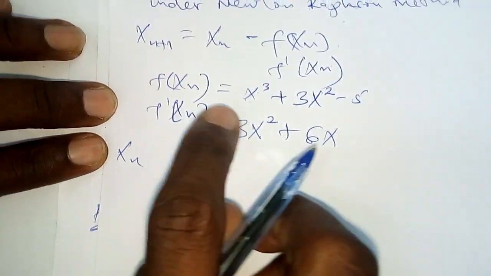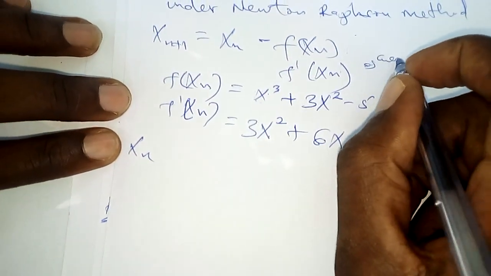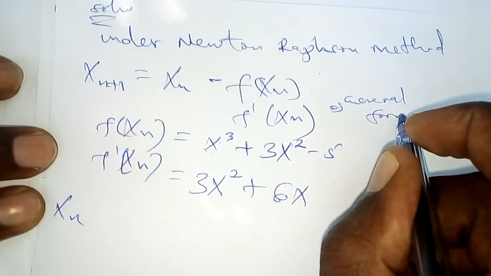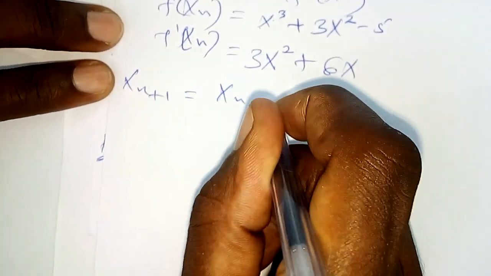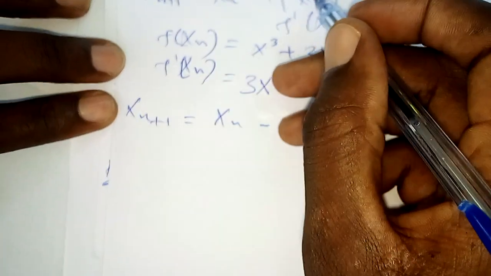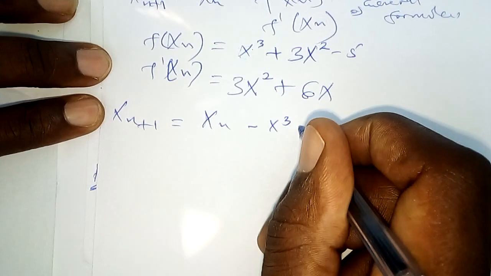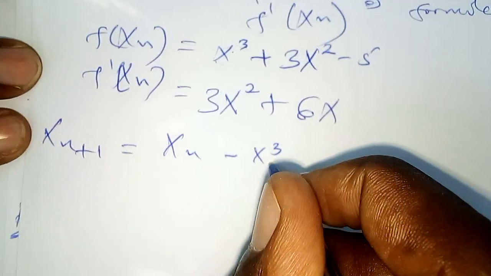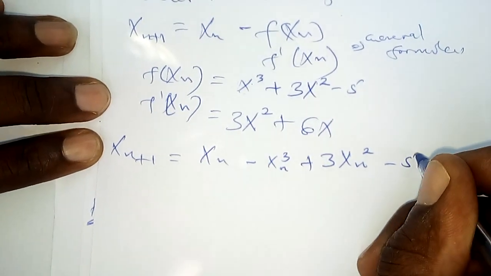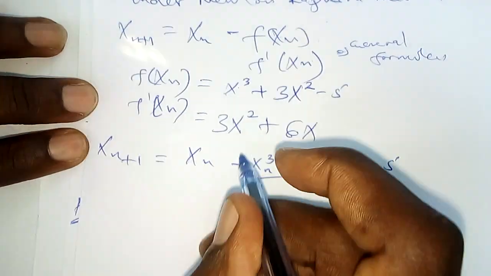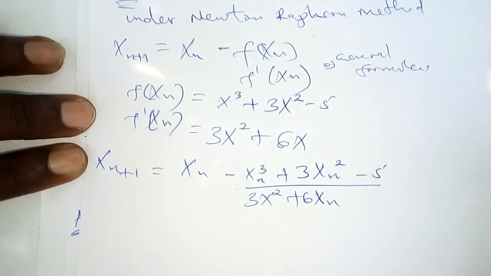Then we substitute this within the general formula. So xn plus 1 is equal to xn minus, we substitute f function of xn, which is xn cubic plus 3xn squared minus 5, all over f prime, which is 3xn squared plus 6xn.